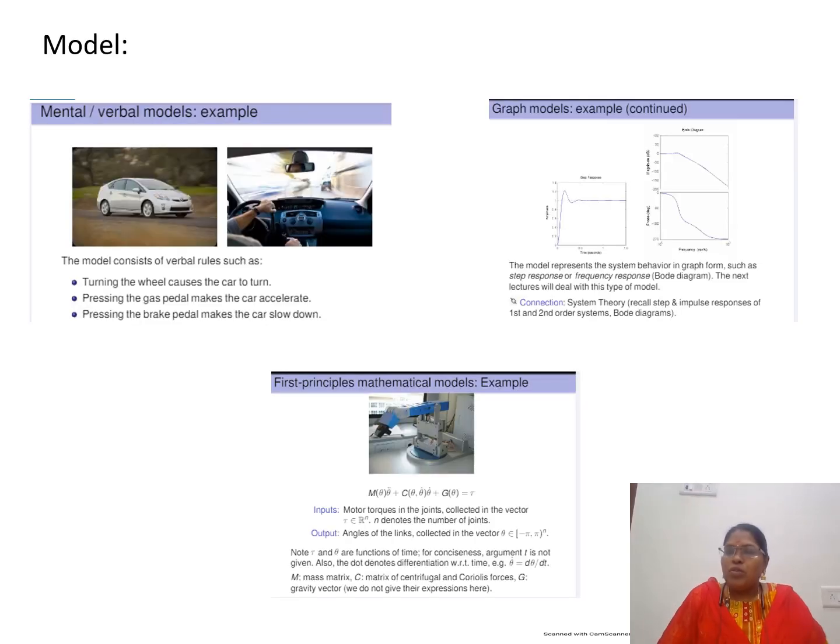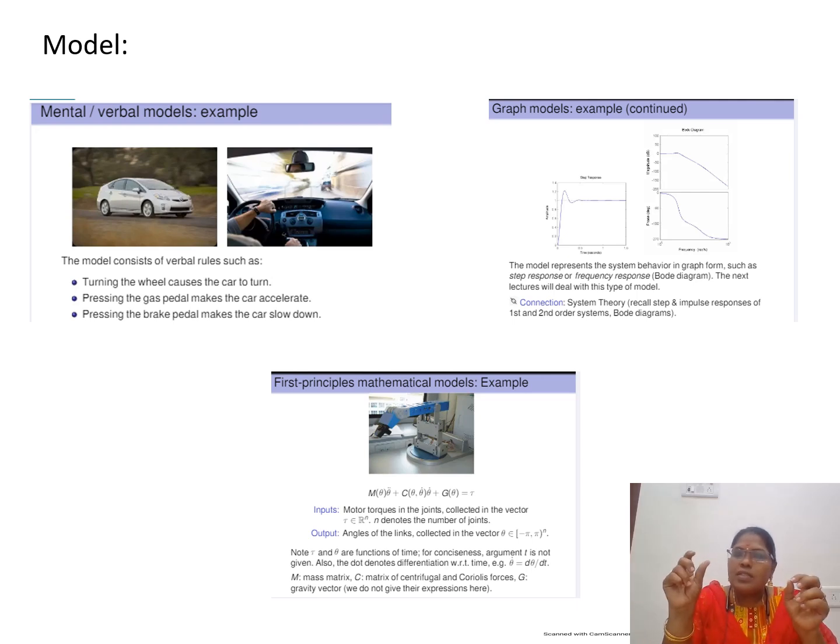So next comes the model. What do you mean by model? A model is nothing but a description of any system. For example, take a liquid level system. In the liquid level system, you have an input and an output. Water is flowing into the tank and water is draining out.